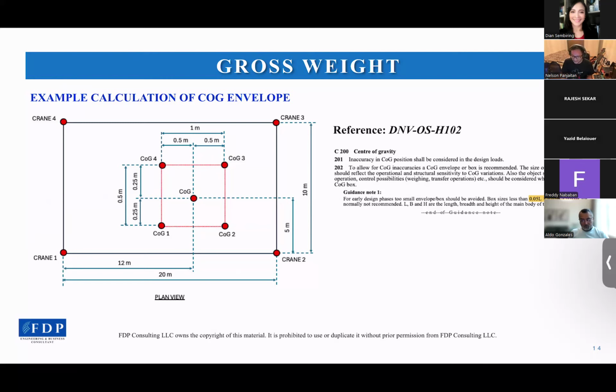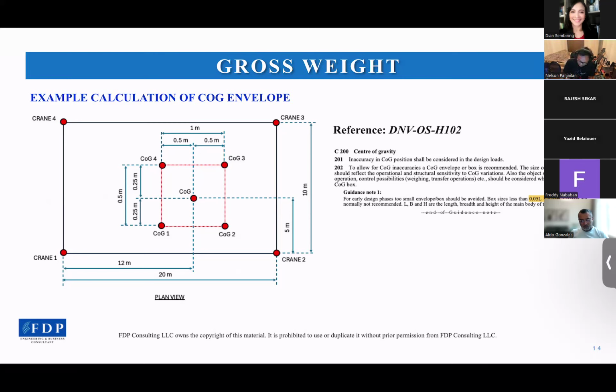But this only works for a rigid structure. If it's not rigid or there is flexibility in the structure, we need to consider the material elasticity to get the crane reaction. So let's assume that this is a rigid structure.